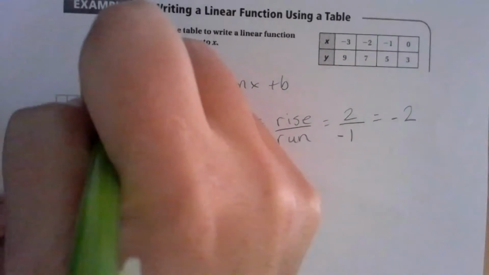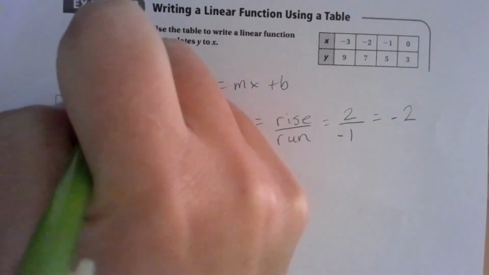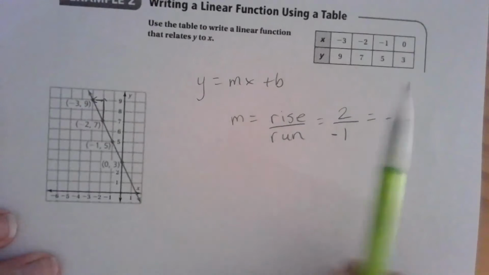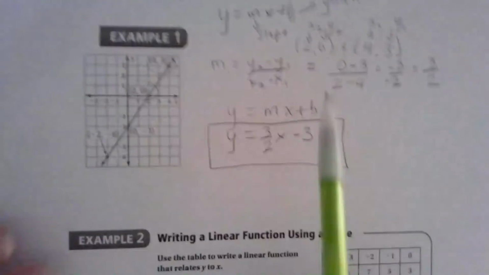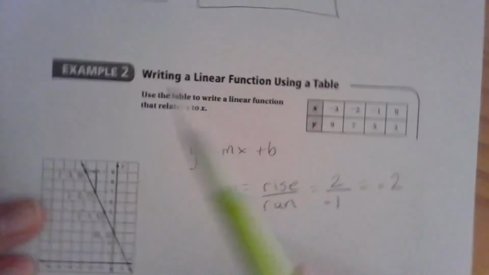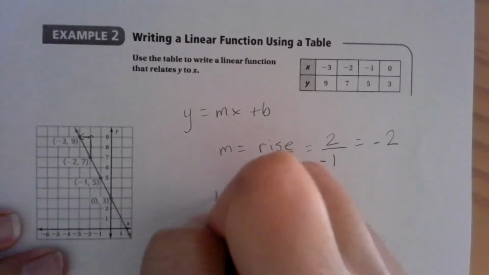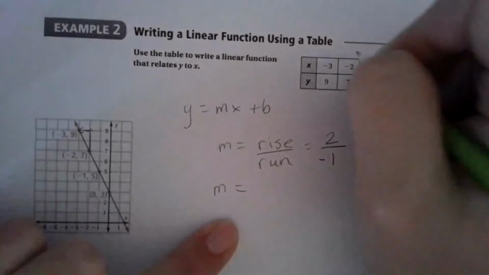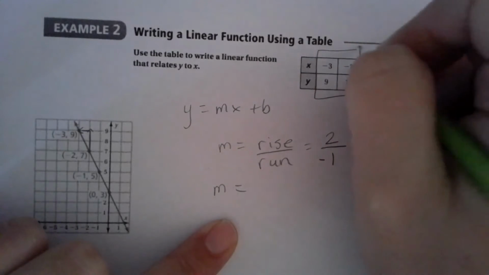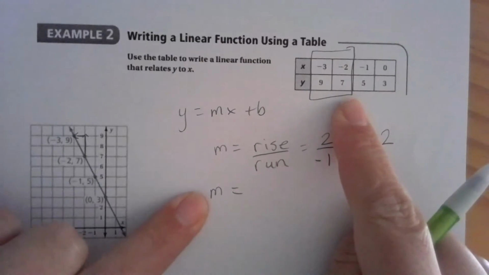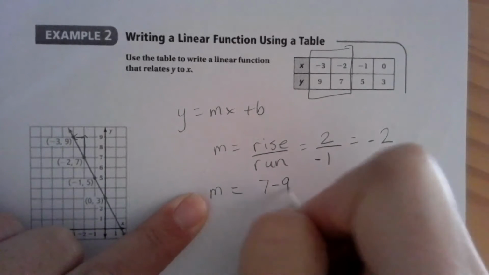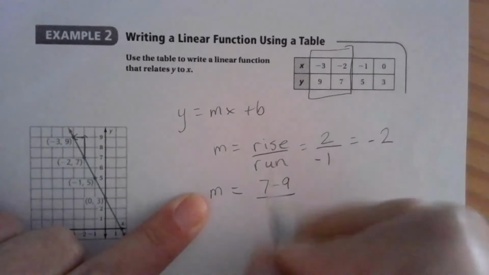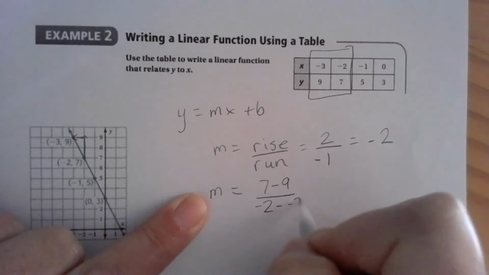So without using the graph, if we were not to graph this, we would just find the change in y over the change in x like we did up here. And I just want to show you end up with the same thing. So if I did, let's say I take these 2 points here, okay? So I'm going to change in y, 7 minus 2, and then -2 minus -3.